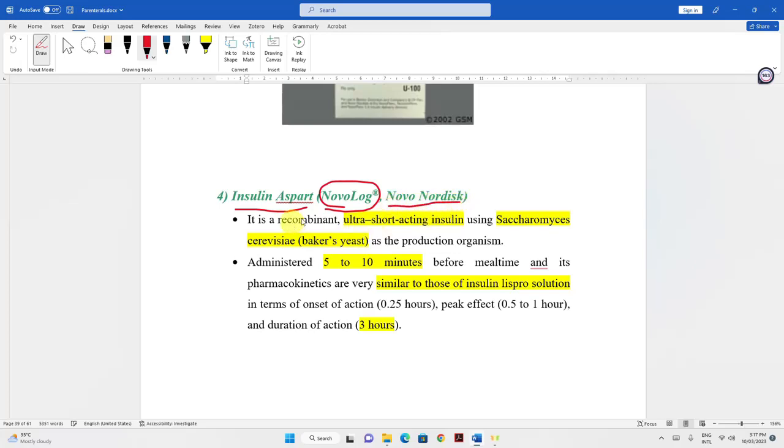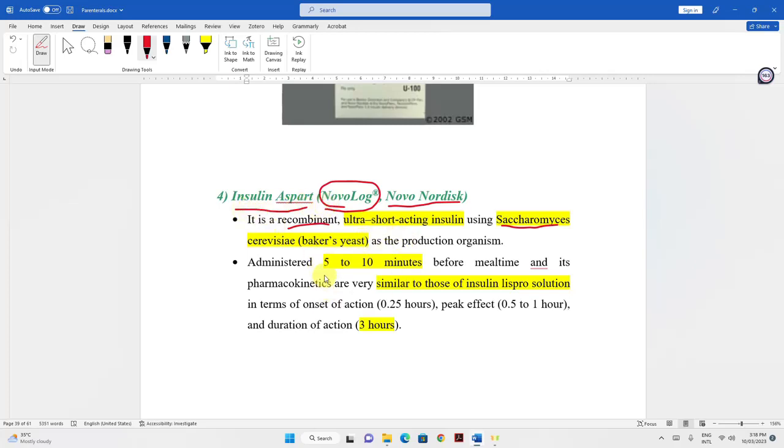They also use recombinant DNA, but here Novo Nordisk likes to use Saccharomyces cerevisiae, or what they call baker's yeast, in the production of insulin. So these are the microorganisms they use to produce insulin aspart.